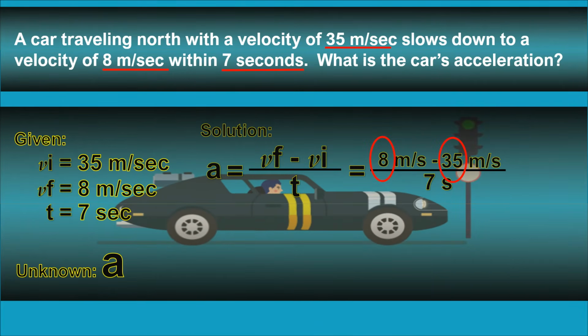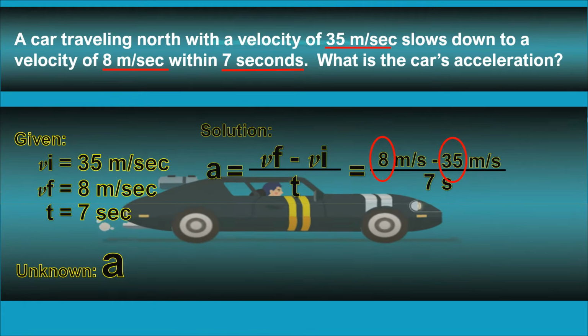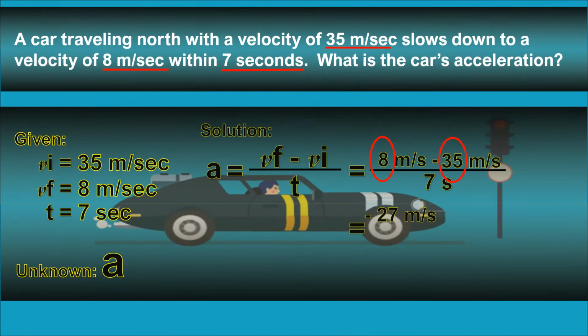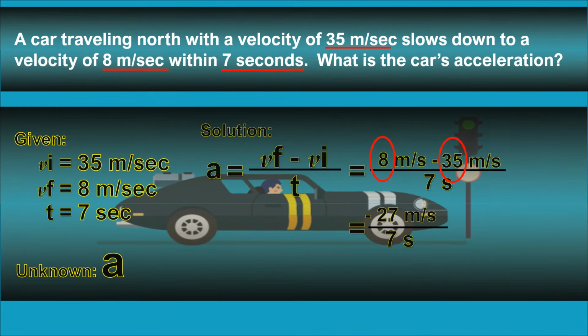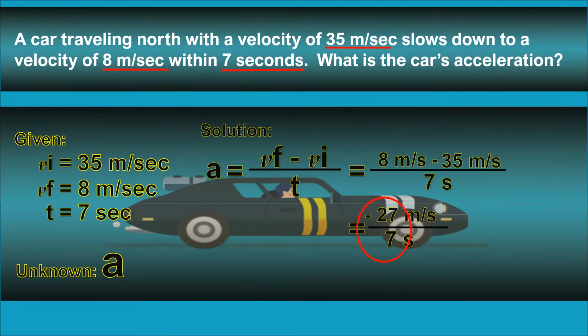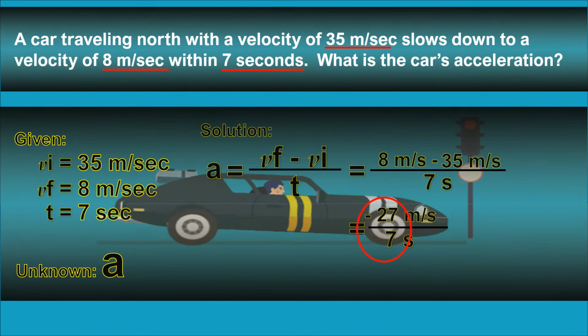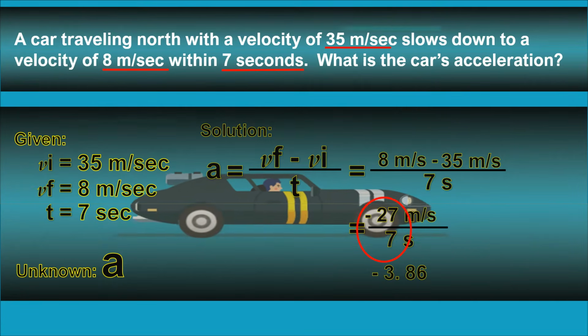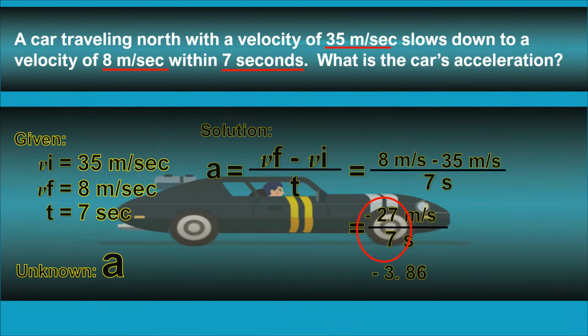8 meters per second minus 35 meters per second is equals to negative 27 meters per second divided by 7 seconds. Negative 27 divided by 7 is negative 3.86.